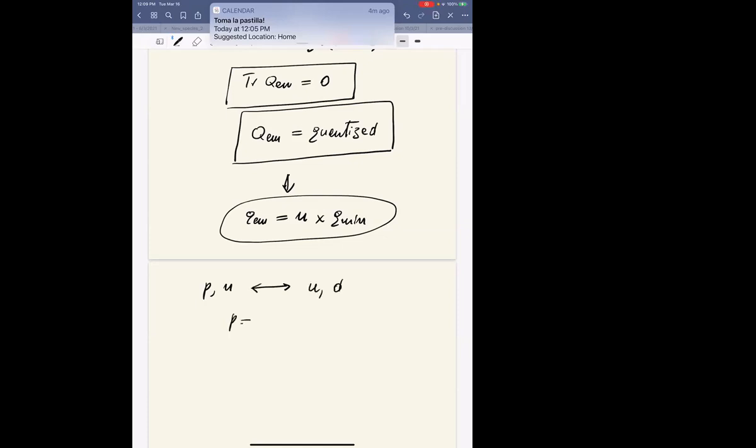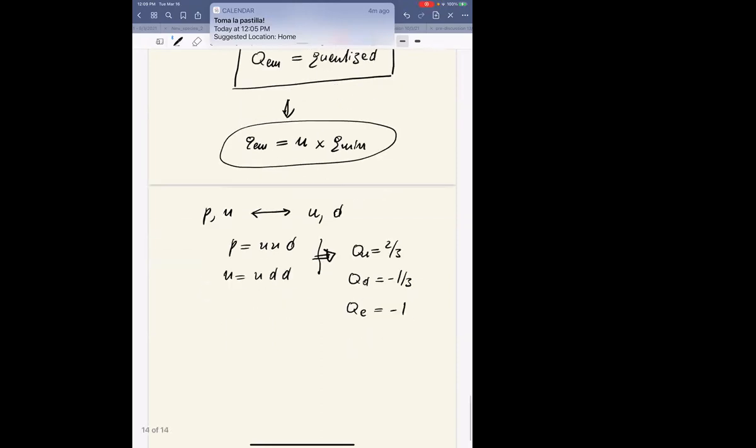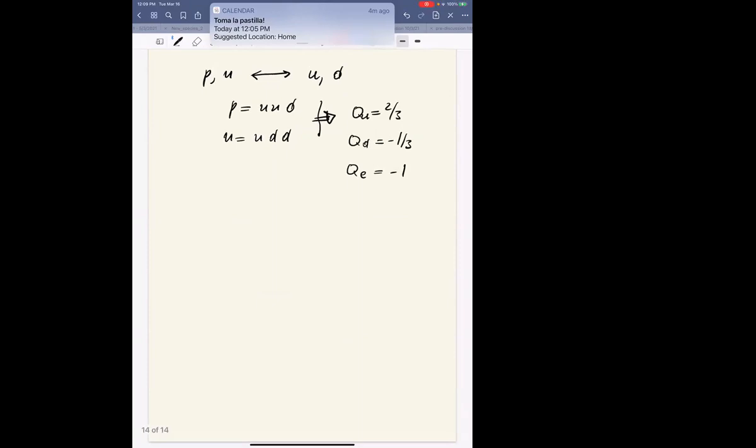Proton is UUD, neutron is UDD, which from here, as we know, Q up is 2/3 and Q down is -1/3 and Q electron is -1. And there are other generations, of course, and this incredible thing is a fact of nature.